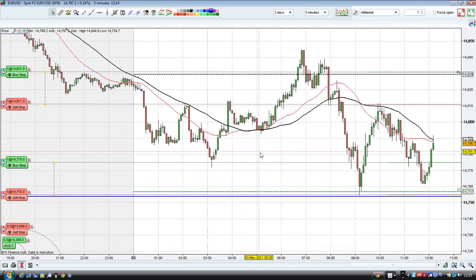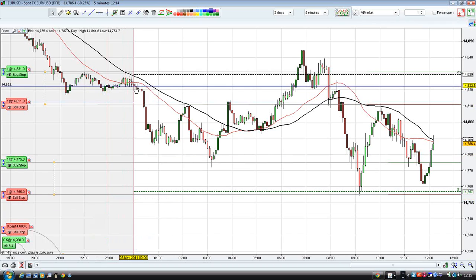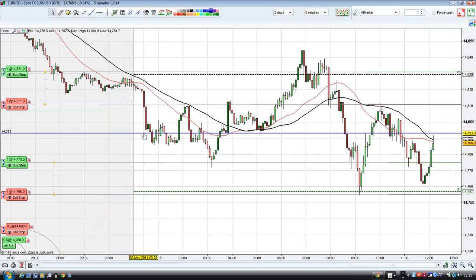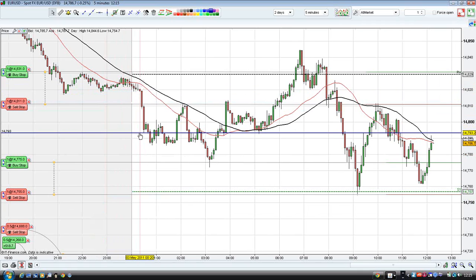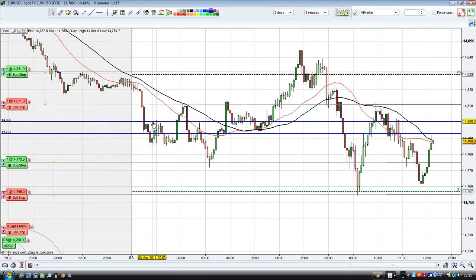So let's follow it. Let me use this one move. Let's start from midnight. The market has gone there, it's made a low. And then made a high there.